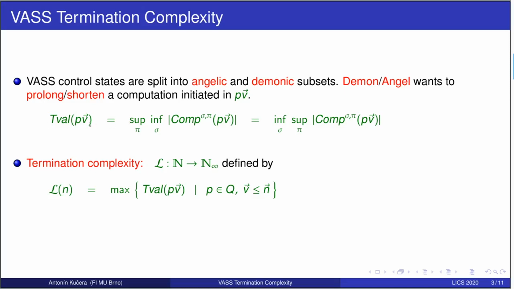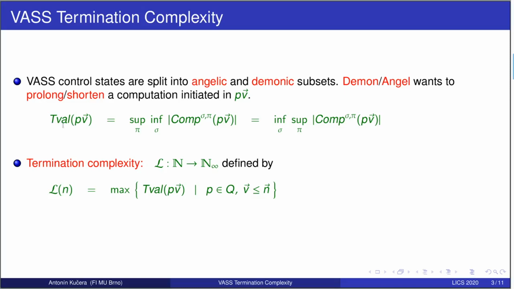And the equilibrium value defined by this equality is denoted by T-val. So intuitively, T-val of pV is the length of the computation initiated in pV obtained under the assumption that both players, angel and demon, play optimally.